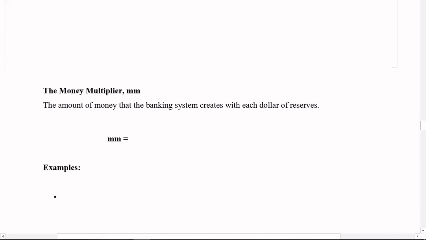The money multiplier is the amount of money the banking system creates through the banking system. And this is simply equal to 1 over the reserve requirement or the reserve ratio.